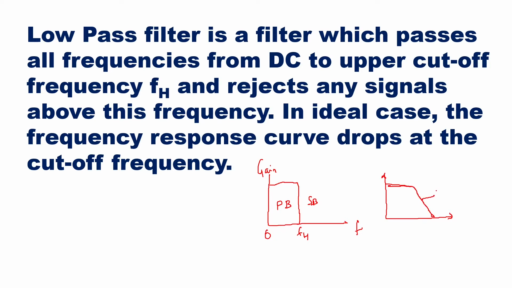The slope will be around minus 20 decibels per decade of frequency. This is what you get practically, and this is what you can speak of ideally, that is theoretically. Anyway, the specified frequency is the cutoff frequency below which all the signals will be passed and above which all the signals will be attenuated or stopped.